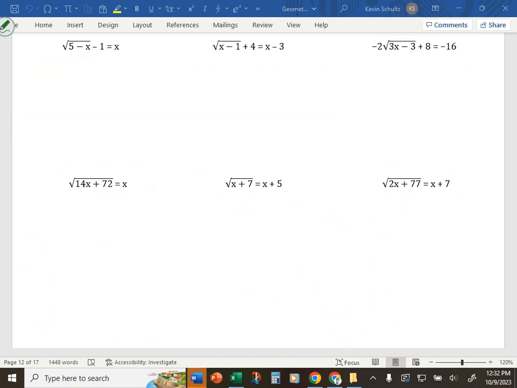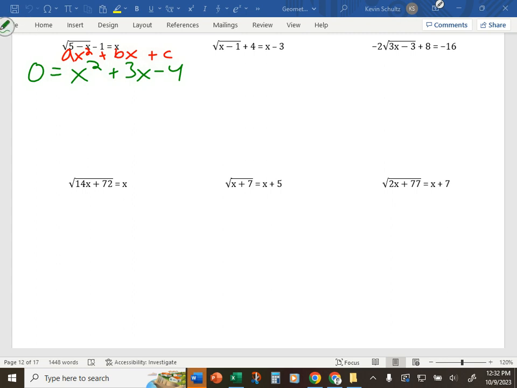Over 2a. So, for the quadratic formula, we ended up with 0 equals x squared plus 3x minus 4. Remember that these equations are written in the form ax squared plus bx plus c, where a is the coefficient to x squared, b is the coefficient to x, and c is the constant, -4.